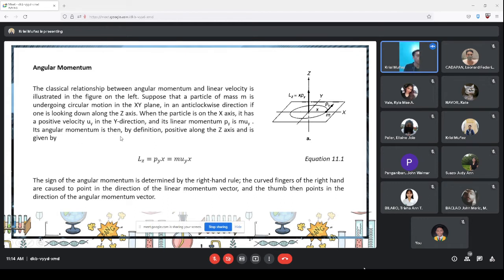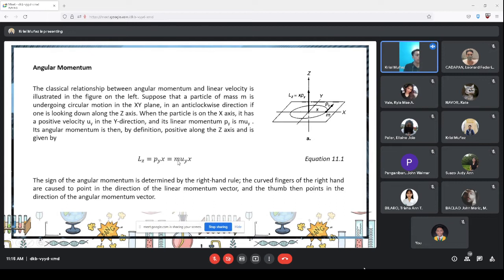Its angular momentum is then by definition positive along the z-axis and is given by L_z equal to p_y x, which is mu_y x. So p_y, the linear momentum, is multiplied by x, its distance from the origin.